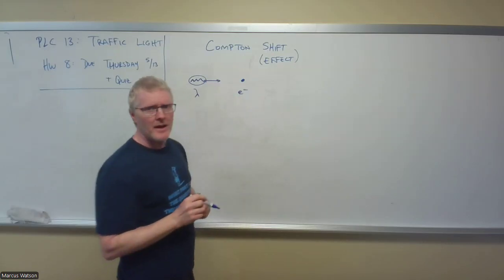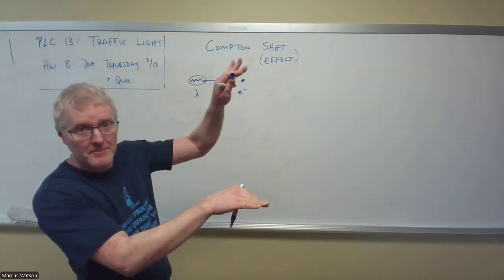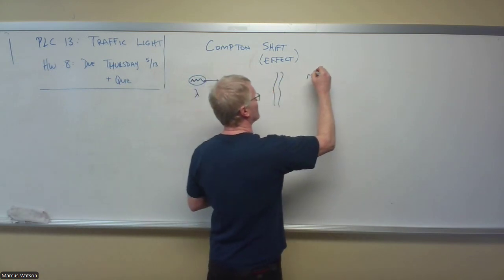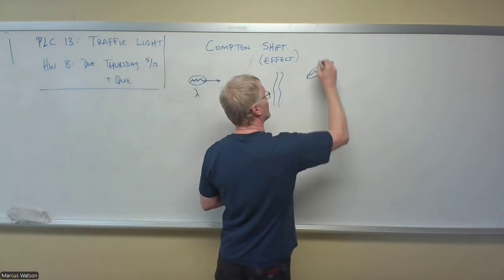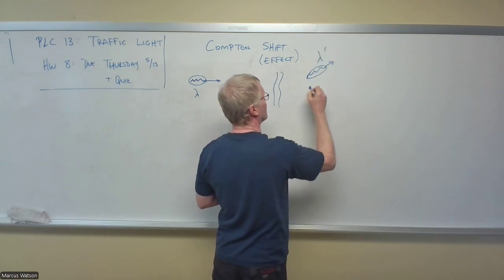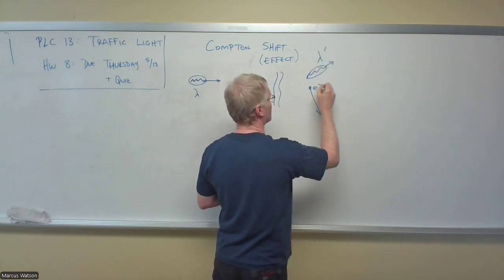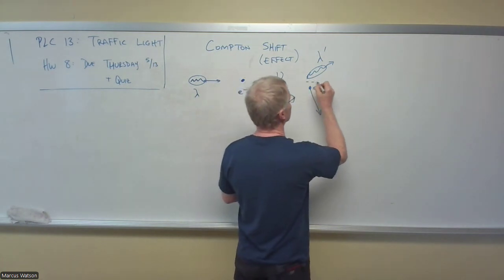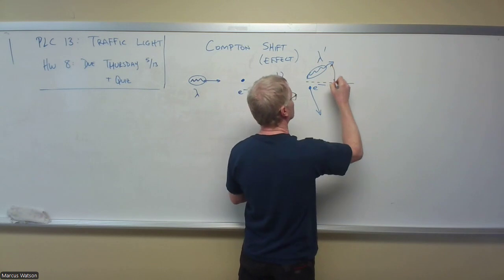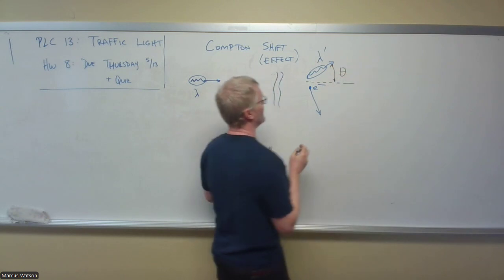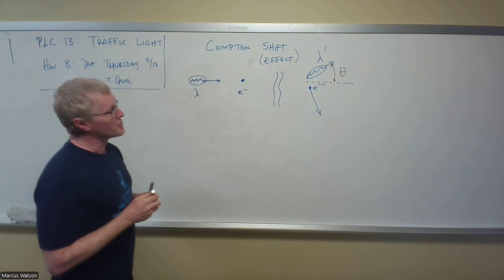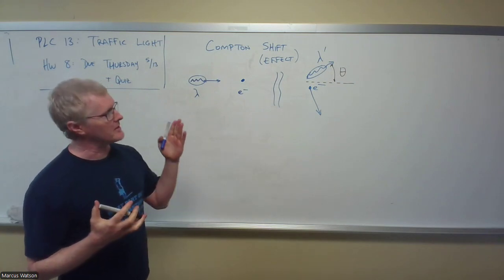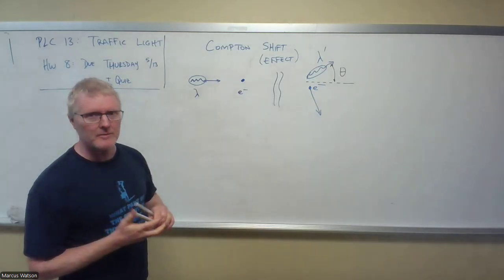And then they both go off in a glancing type of collision, so we orient the Compton shift to the scattered photon angle.